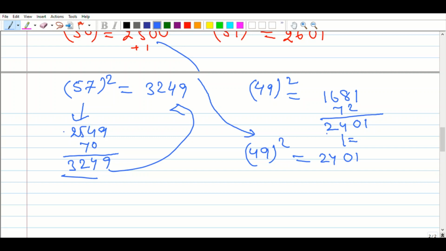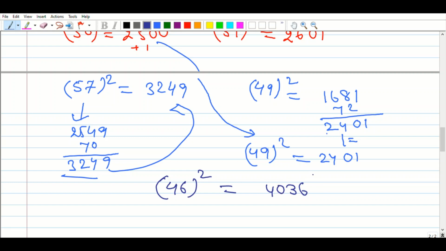Now take another example, suppose 46 square. It is less than 50 by 6, then 6 6 ja 36, it is a rule, and 46 minus 6 we get 40. Is it correct or wrong?